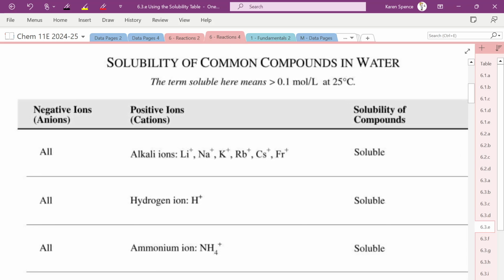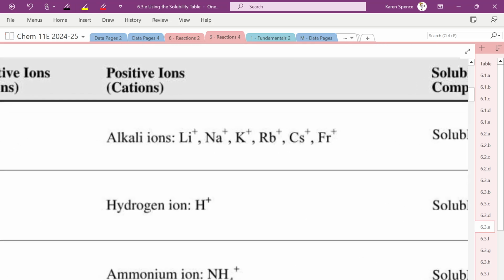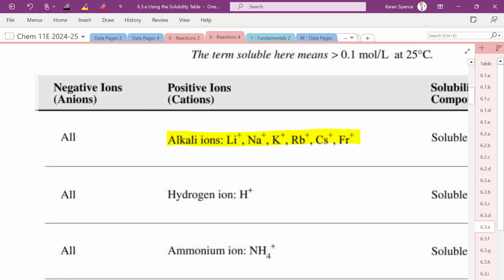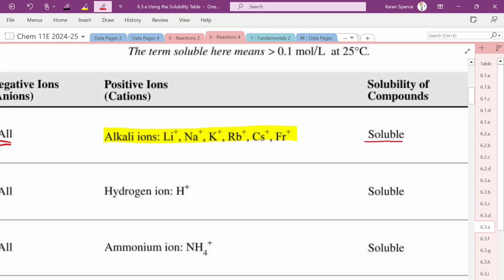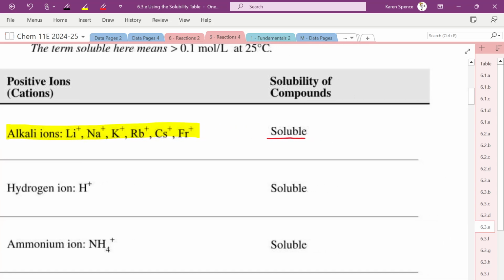It tells us that if we have any of the alkali ions, so anything from column 1, if we put that together with any negative ion at all, those will be soluble. What does it mean to be soluble? Able to dissolve. And if it is able to dissolve, what state would it be?